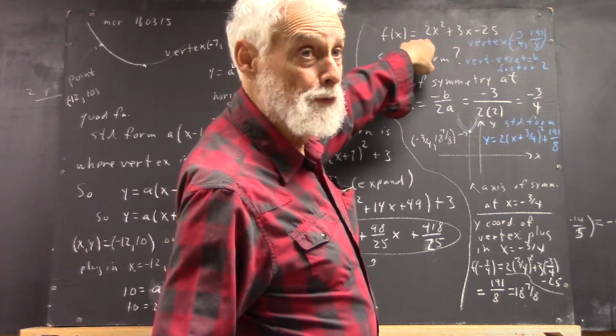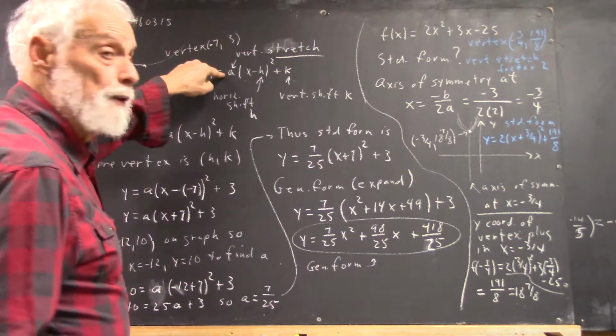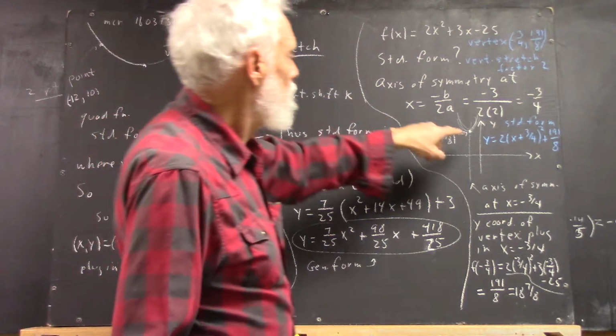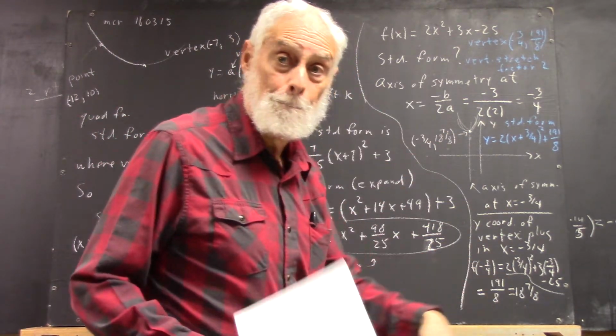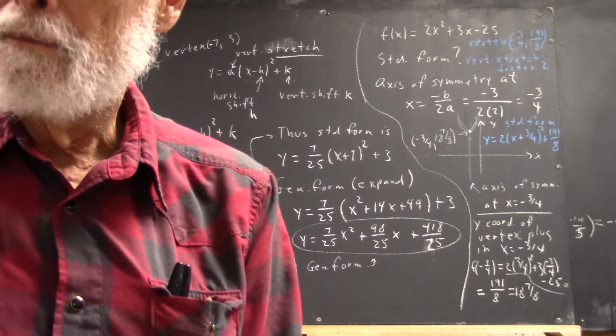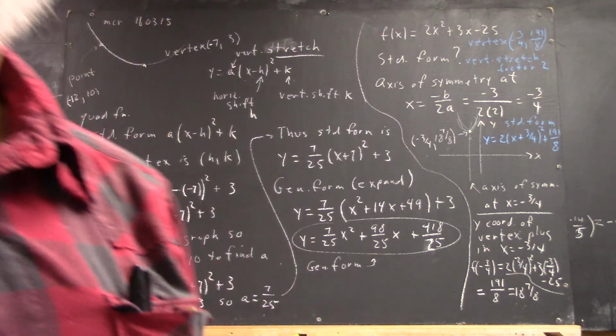It's whatever's in front of x squared, and there's your vertical stretch. The h and k are the coordinates of the vertex that we just found. So if you know that, that's a pretty good thing, because that allows you to do a whole lot of stuff.